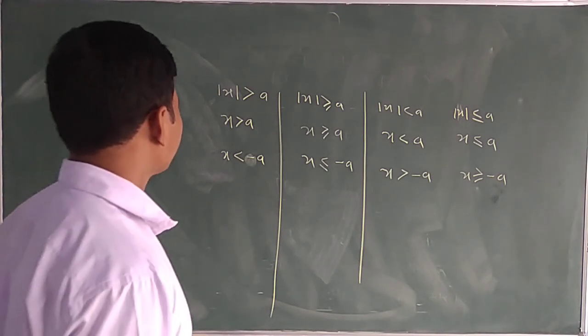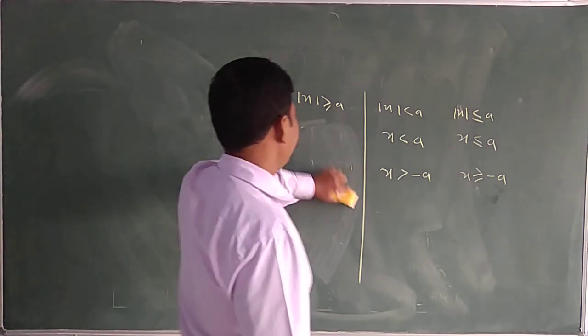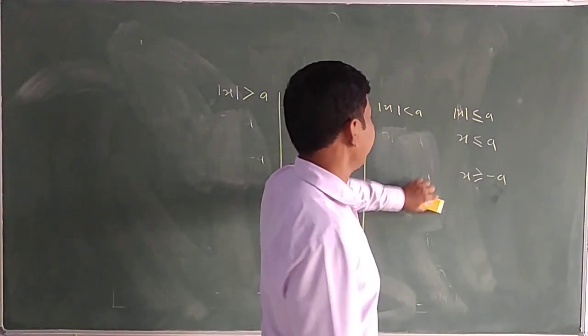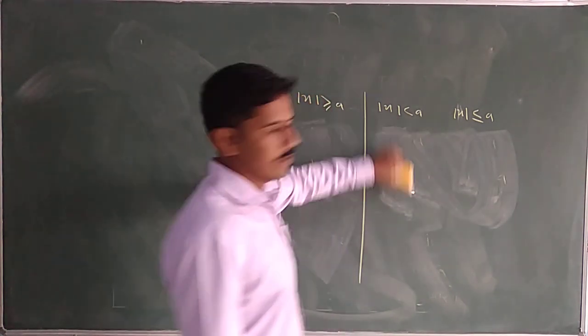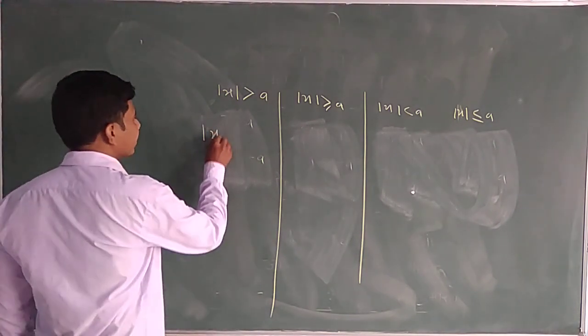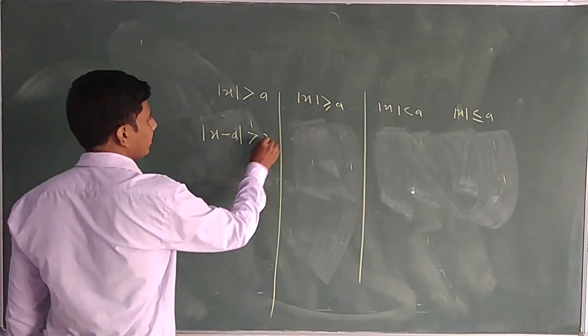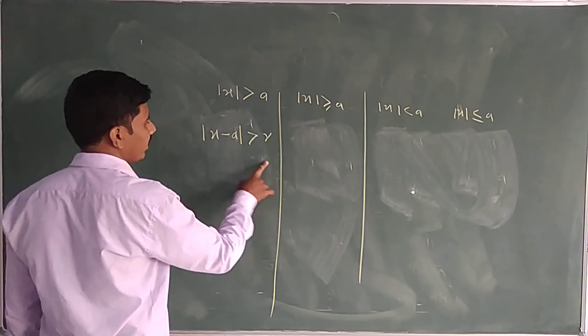There is one more condition relating to this format: if any number is subtracted from x. Suppose modulus of x minus a is greater than r, where r is any positive real number.